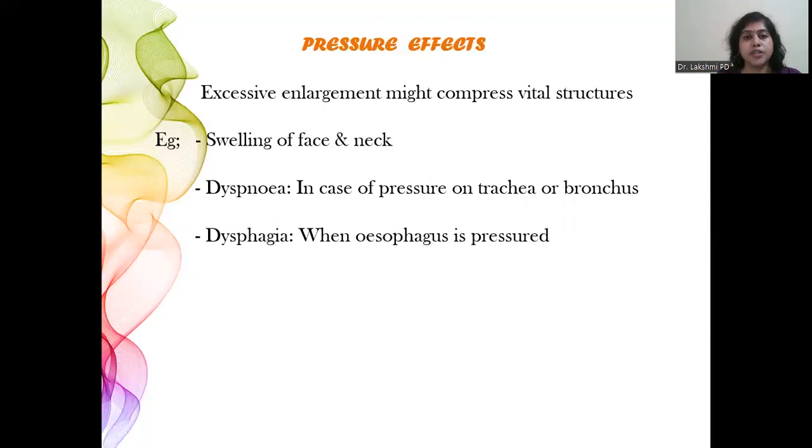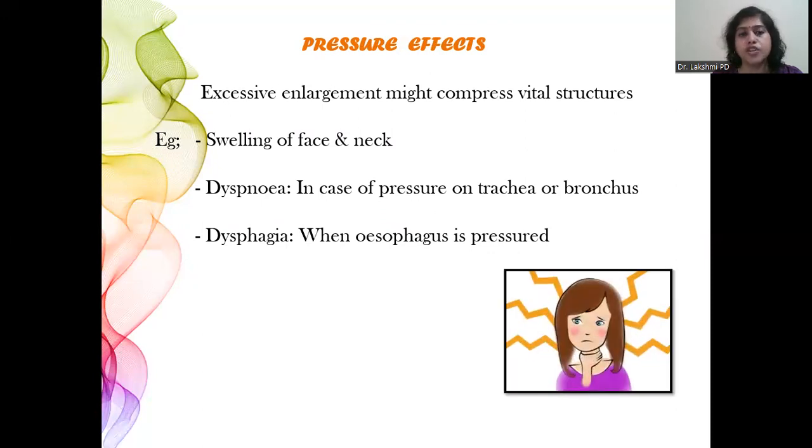Now moving on to the last point that you have to note as part of your inspection of lymph nodes, which is your pressure effects. Excessive enlargement of these lymph nodes, especially around a few vital structures. Since we deal with head and neck, we have the vital structures of your airway passage as well as your esophagus. So around those regions, if your lymph nodes have become excessively enlarged, it can lead to dyspnea or dysphagia of the patient.